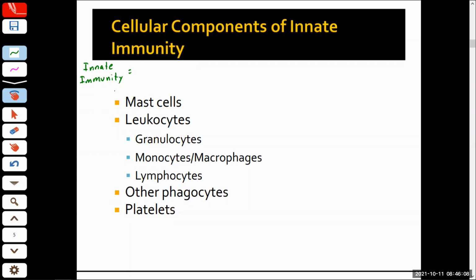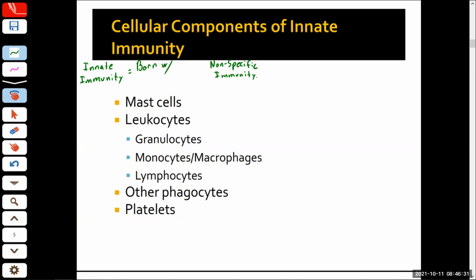If someone is innately a certain way, they are born with it. What this means is you are actually born with this immune system. You were born with the second line of defense. Another name for it is non-specific immunity.